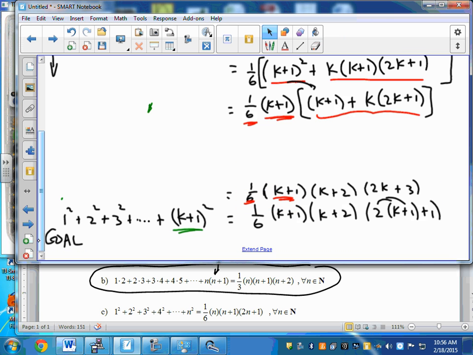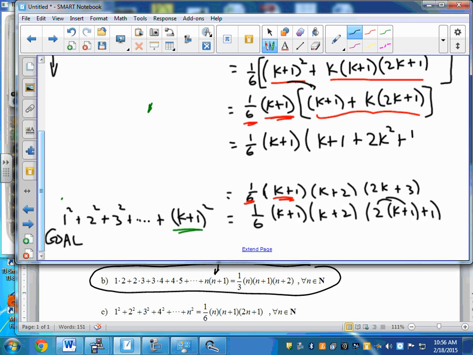Okay, so let's see. We have the 1/6, we have k plus 1, and this is k plus 1 plus 2k squared plus k, if I distribute there. And so I have 1/6 k plus 1 and 2k squared plus 2k plus 1.